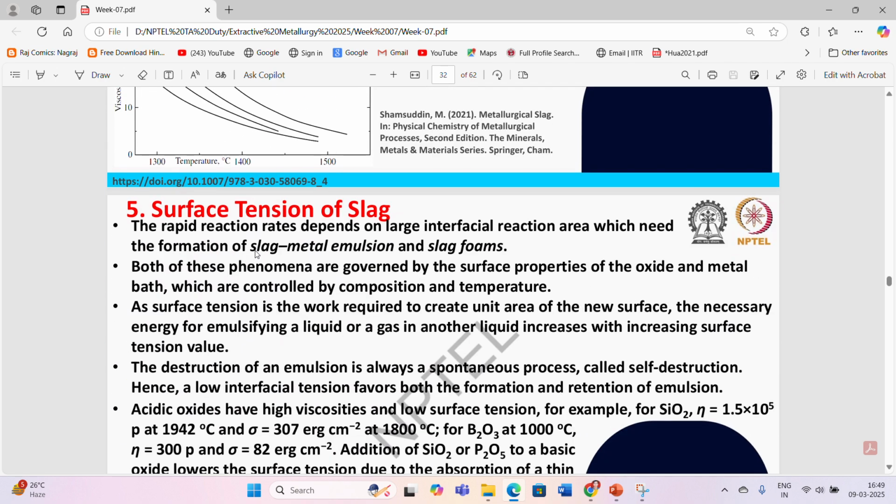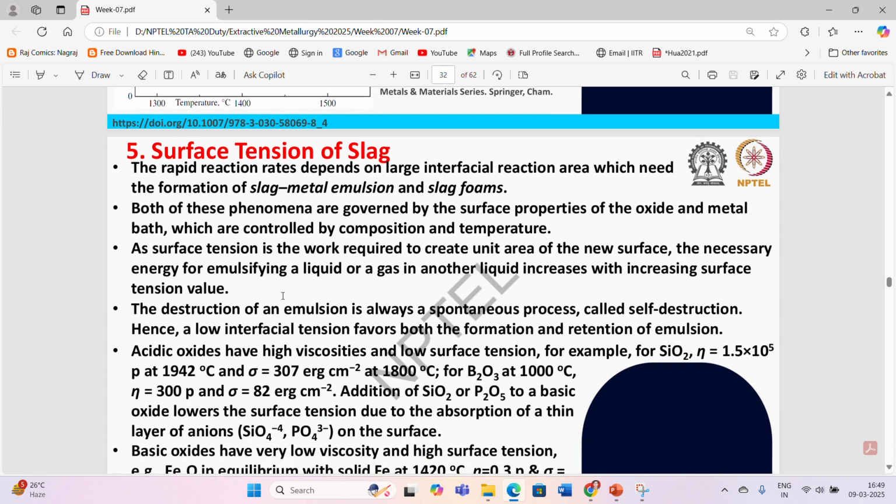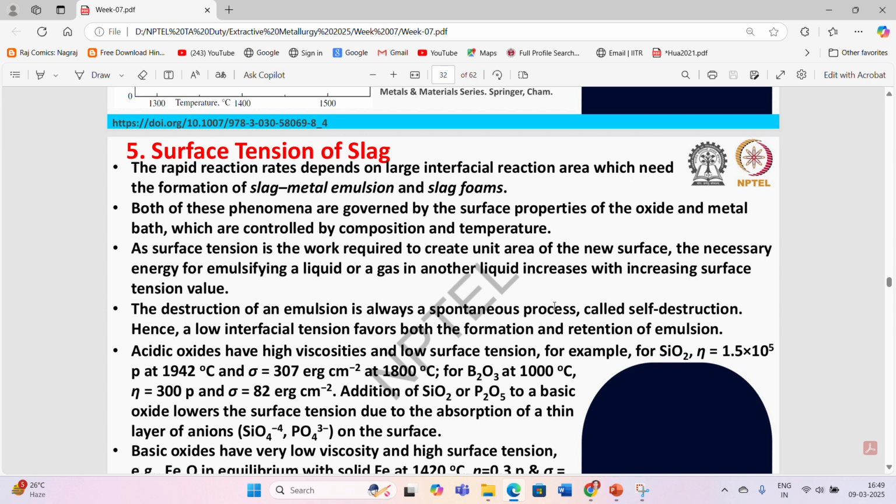Then coming to the next slag property, surface tension of slag. The rapid reaction rates depend on a large interfacial reaction area, which needs the formation of slag metal emulsion and slag foams. Both of these phenomena are governed by the surface properties of the oxide and metal bath, which are generally controlled by composition and temperature.